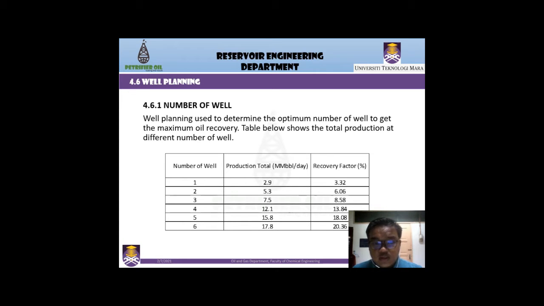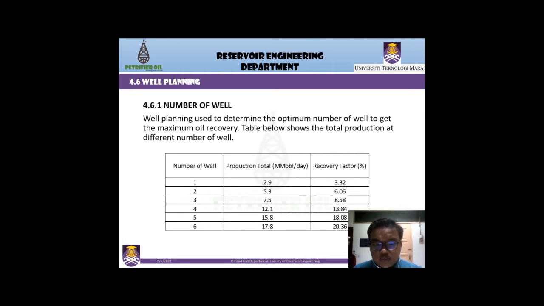For one well we gain 2.9 million barrels per day. For two we gain 5.3, 7.5, 12.1, and 15.8, and lastly 17.8 million barrels per day.